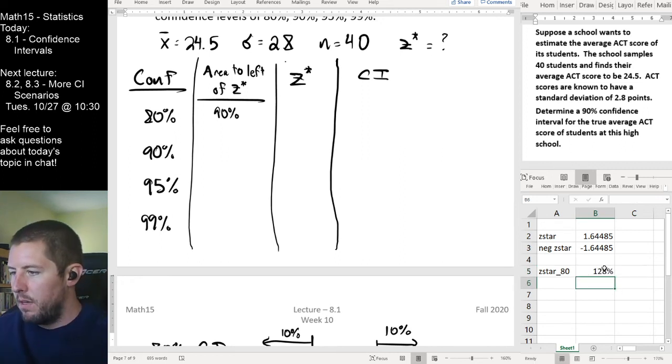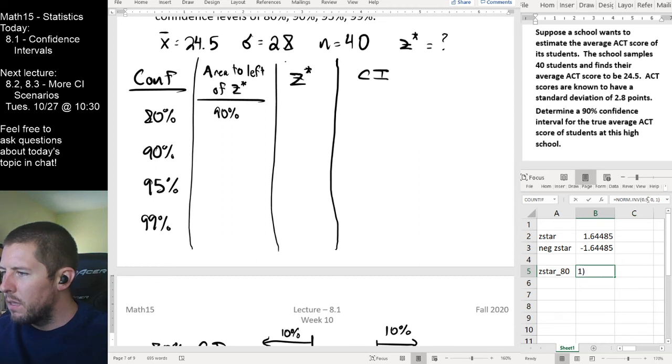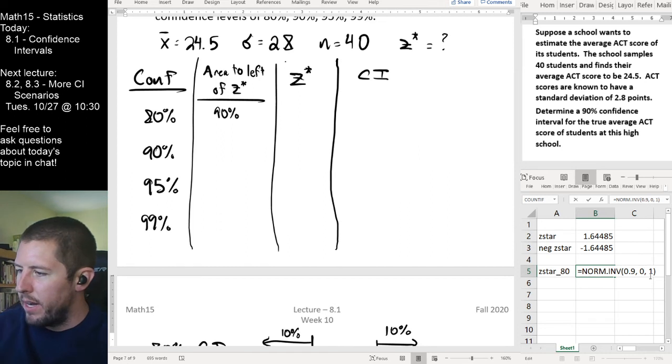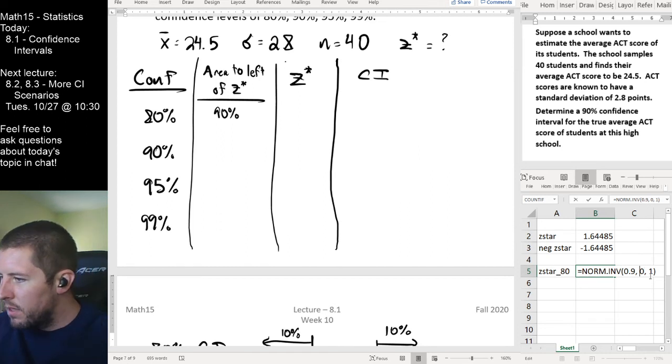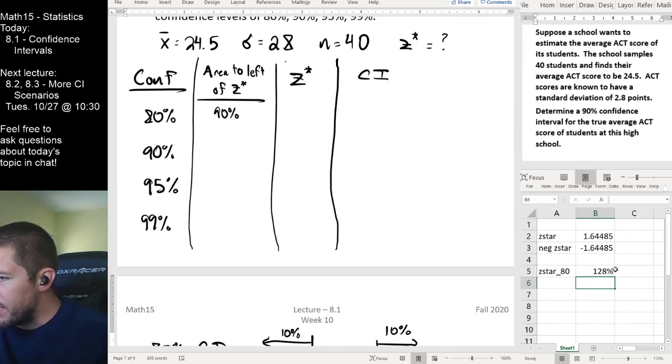That gives me, that doesn't even make any sense. Why is it giving me a percentage? I didn't get a percentage before.